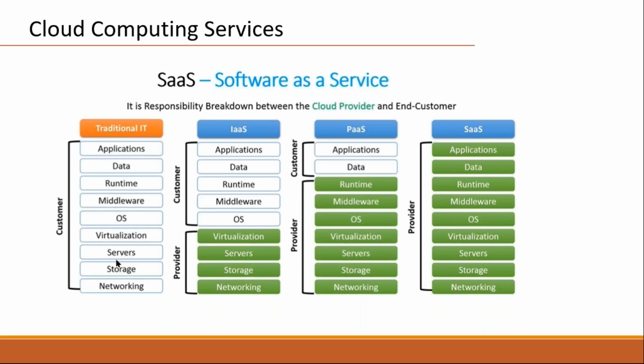Next, in case of IaaS, networking, storage, servers and virtualization are all provided by the provider, meaning Amazon. As a company or customer, we have to manage the OS, middleware, runtime, databases and applications on our own.